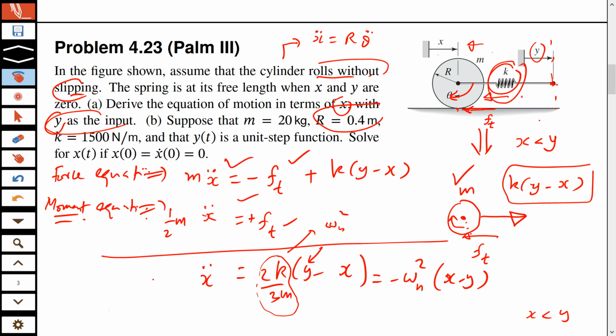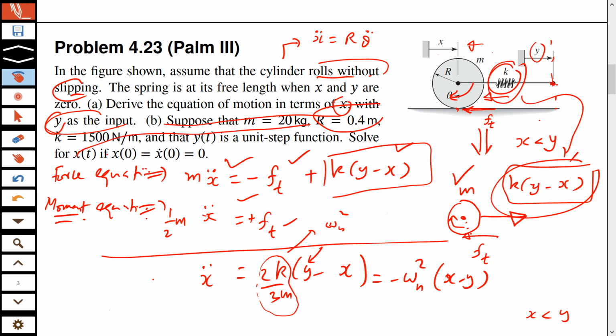The only difference here was the spring, and we only needed to include that forcing function, that restoring force. Other than that, this is pretty much what you have been doing so far. And I'm skipping this solution part, okay? Because we don't want to bother ourselves with the solution of the differential equation.